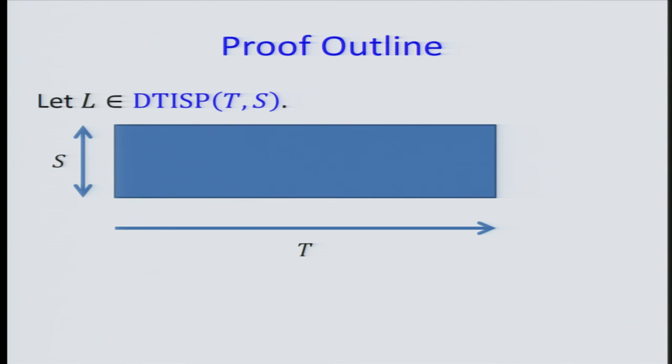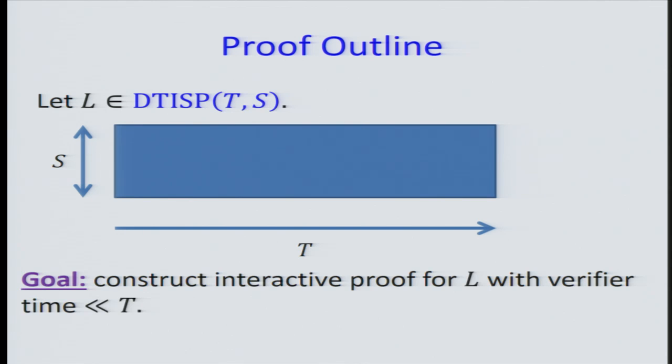The Turing machine starts at some initial configuration, so this point, and does the computation until the end. It's a tableau of the computation. So it's width s and has length t. Recall that our goal is to construct an interactive proof for this language L, in which the verifier runs in time that is much shorter than t.